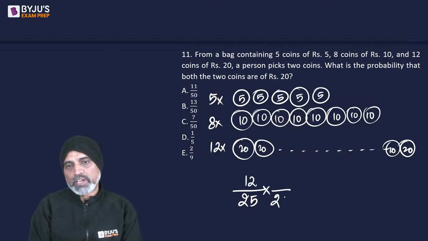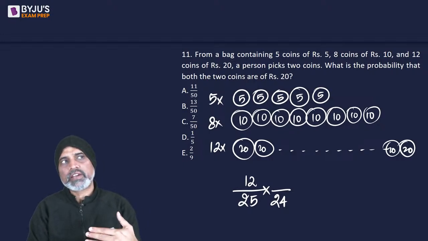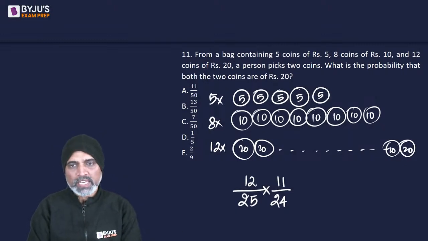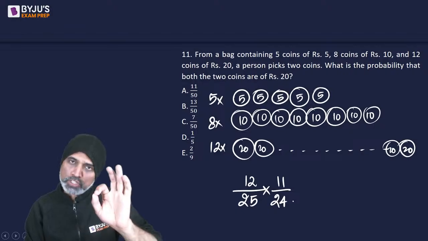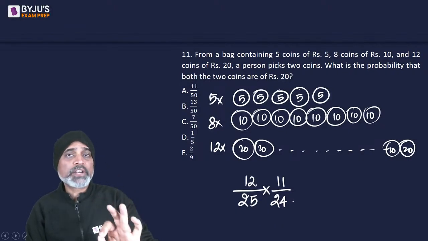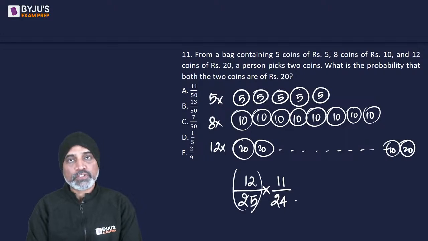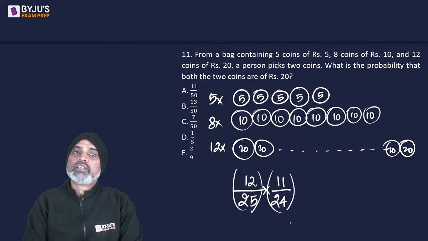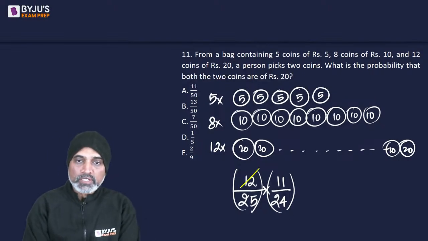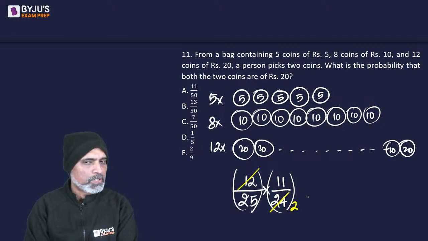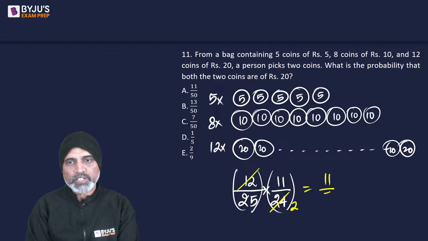When you pick the next coin, there will be only 24 coins left, and the probability of this coin to be again a 20 rupee coin is going to be only 11 upon 24, क्योंकि अब 24 coins है, जिसमें से 12 rupee coin has been reduced by 1. ठीक है, मैंने बेकार ही ड्रॉ करा, इसकी जरूरत नहीं थी. So it becomes 11 now. So this is the probability of drawing the first coin, which is a 20 rupee coin. This is the probability of drawing the second coin out of the leftover coins. So if we solve this, this is 12 double. Can't simplify it further. Numerator will remain 11. Denominator will become 50.